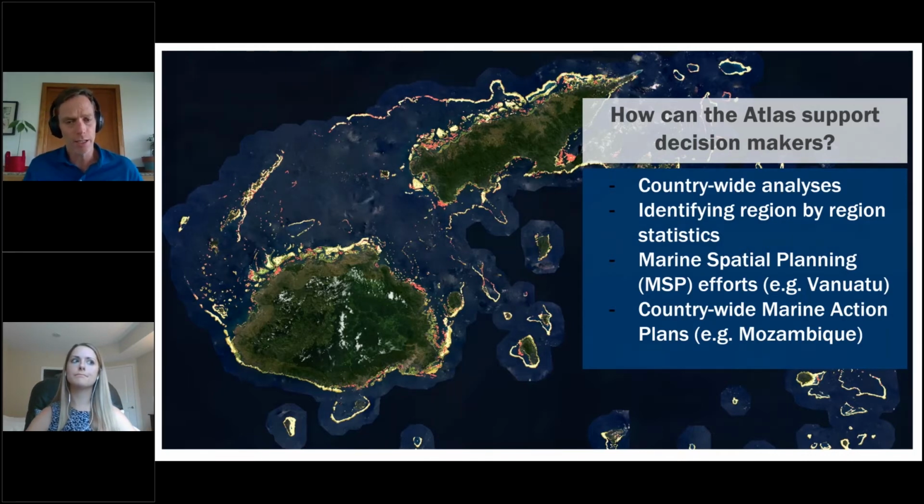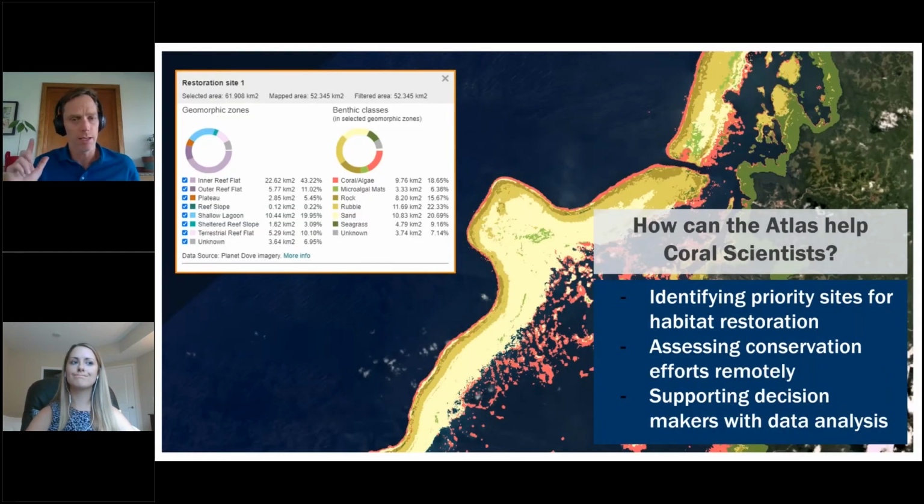The next customer are the scientists. So they may be thinking about recovery or restoration. So a much more focused effort on, like, where is a good area for us to potentially do restoration work?